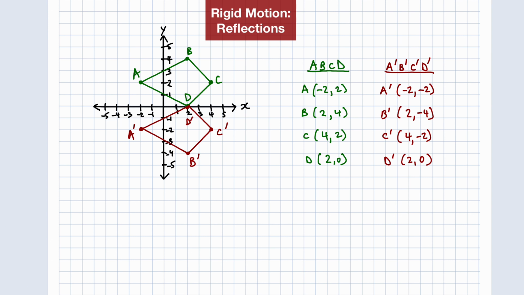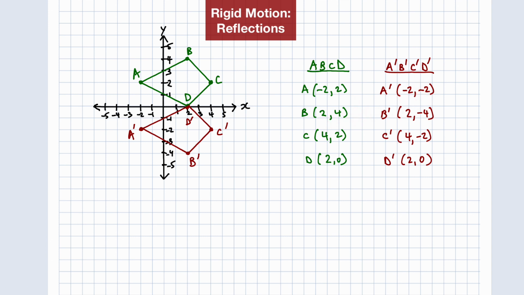If you were to compare, let's say A to A prime, and you look at the coordinates, you notice that the x value remains the same. The y value almost remains the same. What we have is that with the prime, the y value is actually the opposite, or negative, right? So here we've got 2, this is negative 2.